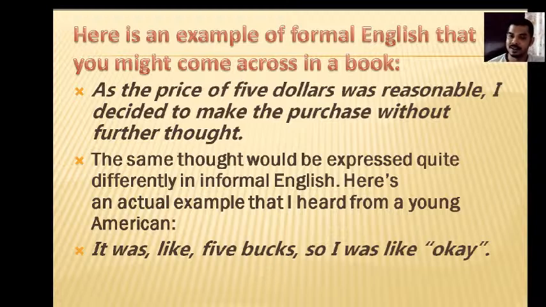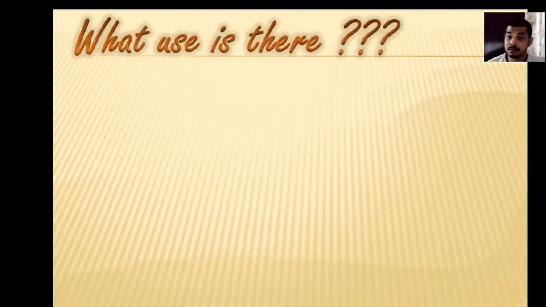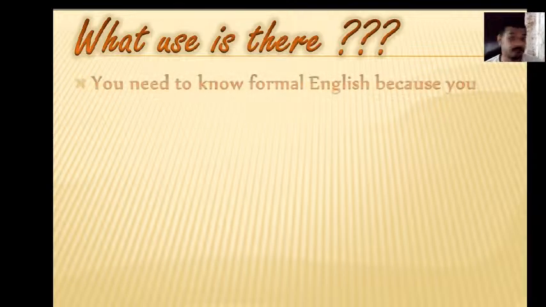That's why you must maintain this formal and informal distinction. But what use is there? We have discussed that when you are going to learn something, you must learn why it is, what use these have. So we would learn the use of formal and informal.